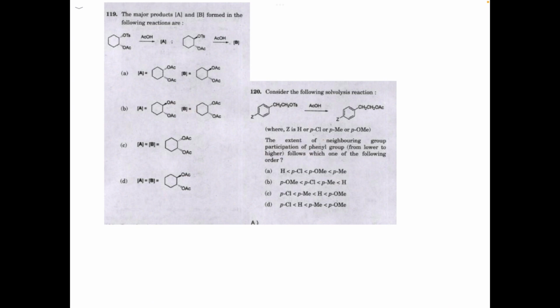Question number 115: the major product A and B formed in the following reactions, they are asking. In presence of acetic acid, protonation first takes place to the OTS group, which is a good leaving group.